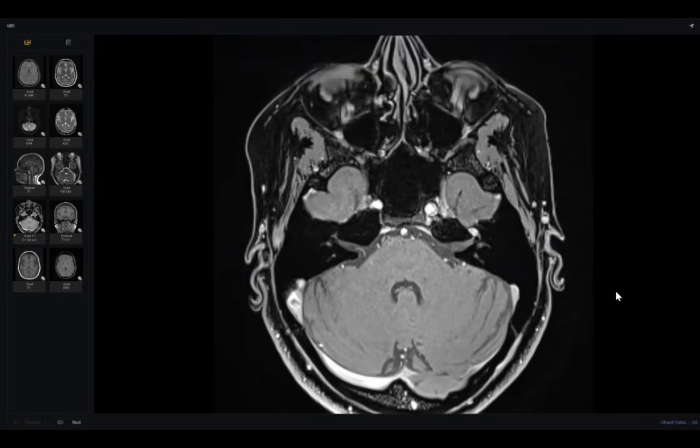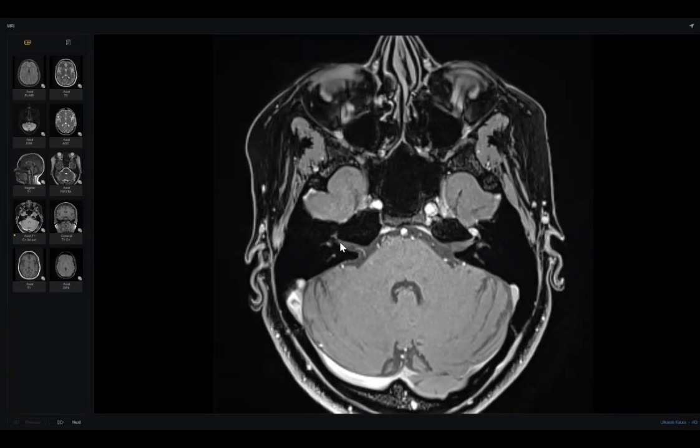What happened? There is a dissection flap here? Okay, I'm not sure of this. Is there any discrepancy between right and left? Any difference? Look here and look here.